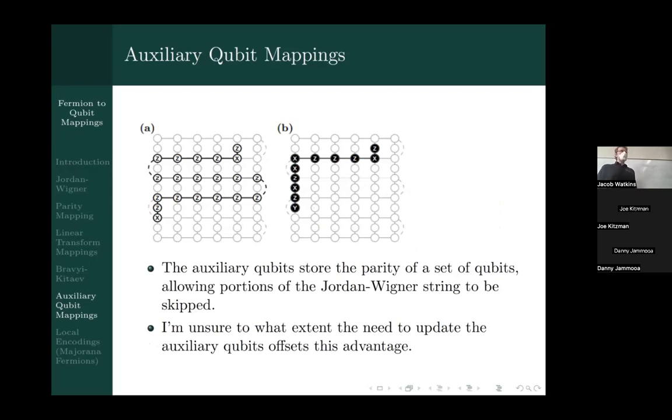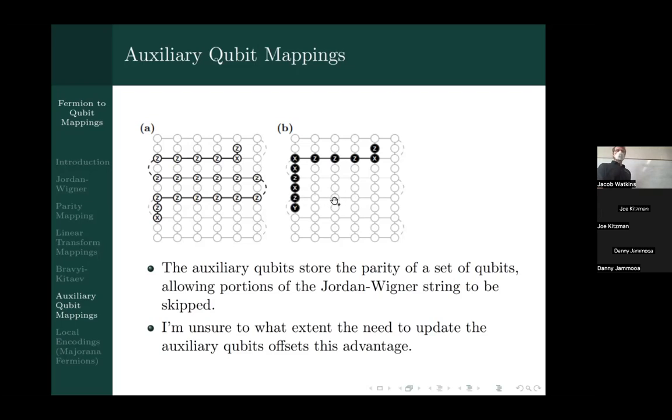But in my investigations of these methods, it's unclear to me how much the need to update the auxiliary qubits offsets this advantage. It definitely improves locality, but there are some additional costs. This is a silly question, but when would the parity get updated? Is that not set by your particular mapping?